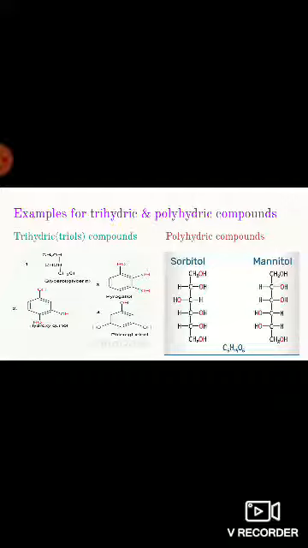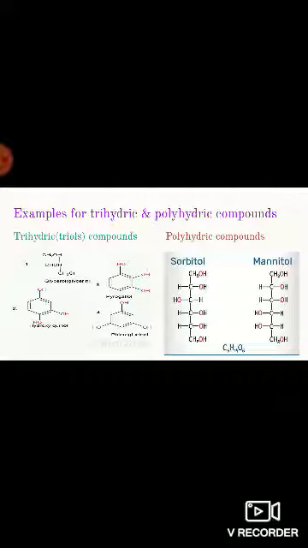In the fourth one, the three hydroxy groups are situated at 1,3,5 positions. It is generally known as 1,3,5 benzene triol. The general name of this 1,3,5 benzene triol is phloroglucinol. That is, trihydric aromatic compounds are hydroxyquinol, pyrogallol, phloroglucinol. These are positional isomers. Examples for polyhydroxy compounds: there are two examples, sorbitol and mannitol.